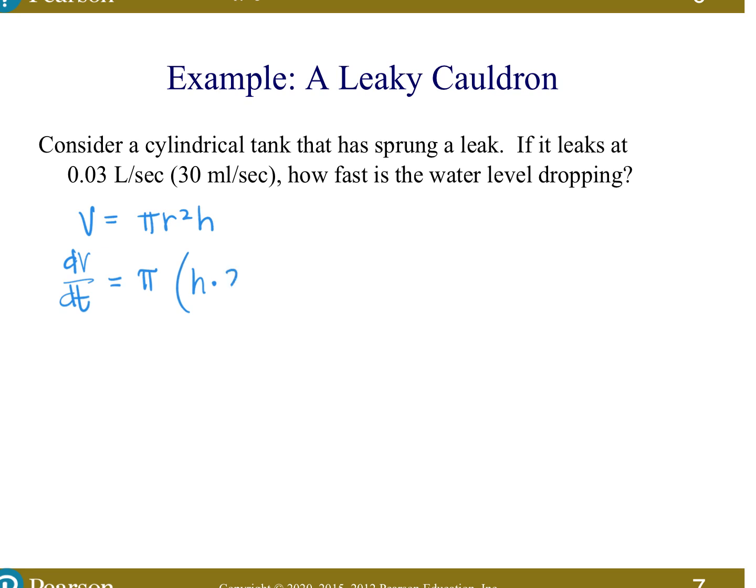The derivative of r squared is 2r times dr dt. Don't forget the dr dt. When you're working with the derivative of r squared with respect to time, it's not just 2r anymore. It's 2r times dr dt. And then plus r squared times dh dt.